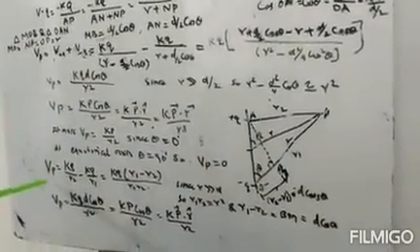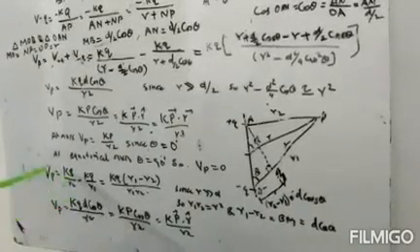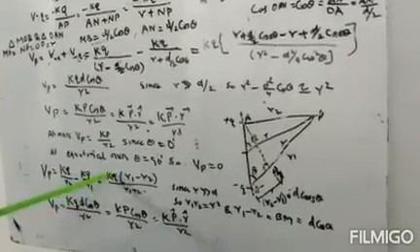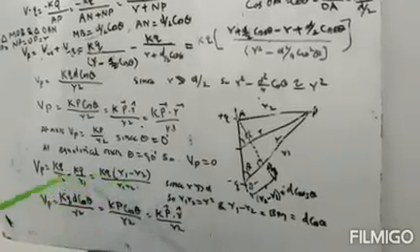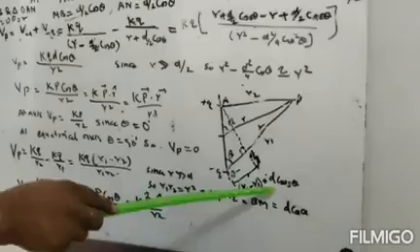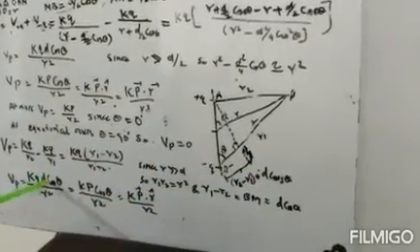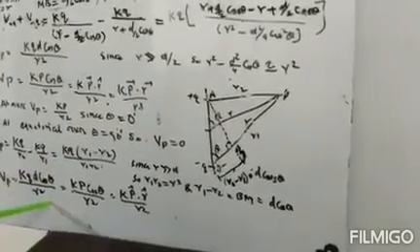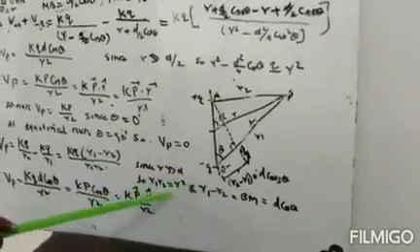So we can very easily find the potential. The potential at point P due to the positive charge is equal to KQ over R2 and due to the negative charge minus KQ over R1. So this will be equal to KQ divided by R1 R2 times R1 minus R2. We put in the value of R1 minus R2, and so VP will be equal to KQ d cos theta divided by R square, since R1 into R2 is nearly equal to R square.